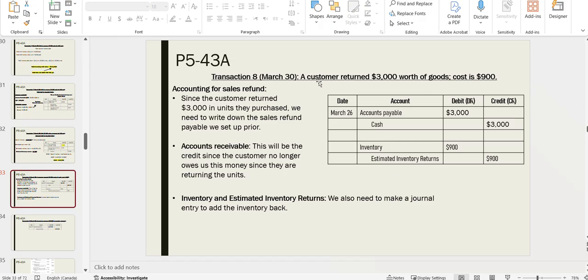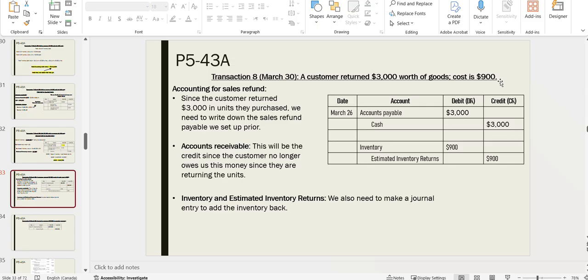The customer return in our transaction number 8: customer returned $3,000 worth of goods, cost is $900. So our refund payable goes down by $3,000 and our cash also goes down by $3,000. Why?